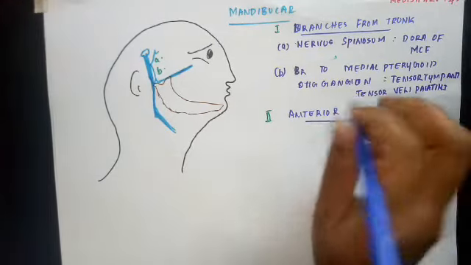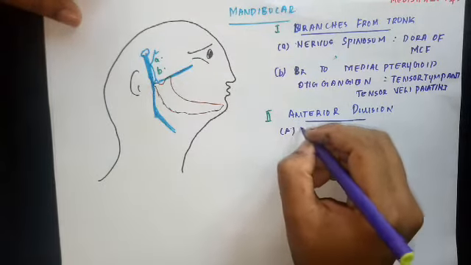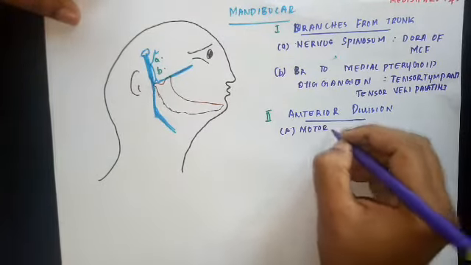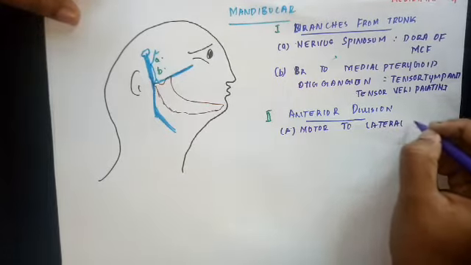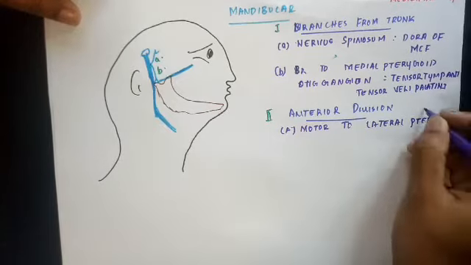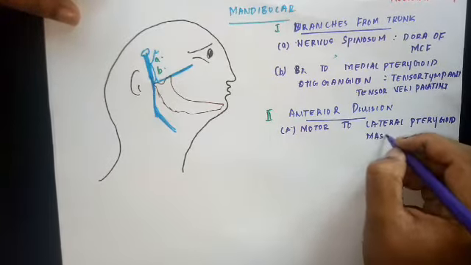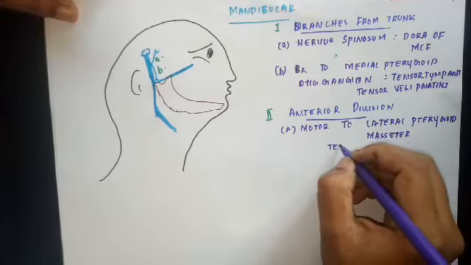The branches arising from the anterior division are mainly motor to muscles like lateral pterygoid, masseter, and deep temporal branches to the temporalis muscle.